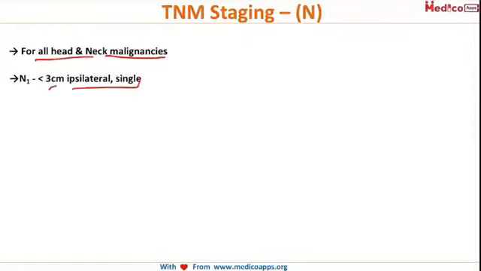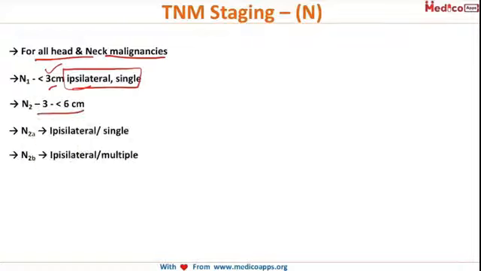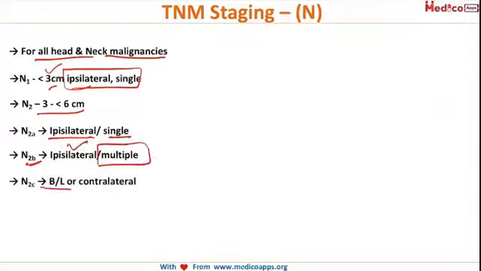So, let's try to memorize. N1 is ipsilateral single growth which is less than 3 centimeters in size. N2, 3 to 6 centimeters in size. N2A, the tumor is ipsilateral and single. When you look at N2B, it is ipsilateral still, but there are multiple growths. N2C, it will be bilateral or contralateral growth.